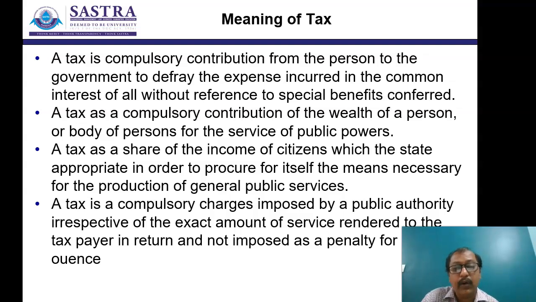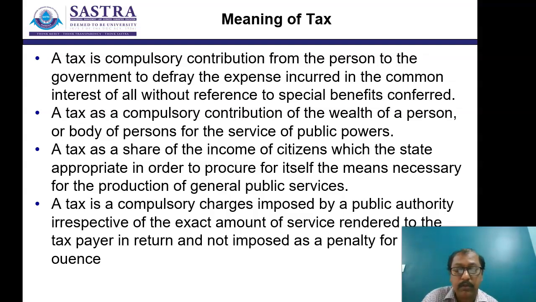And this is the share of income of citizens which the government, normally called a state, appropriates in order to procure for itself the means necessary for the production of general public services.